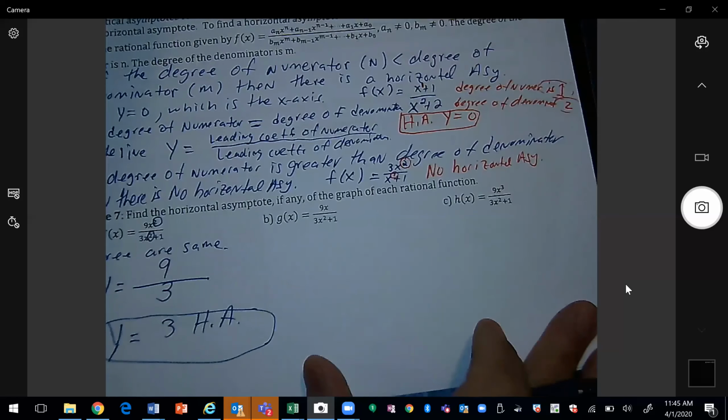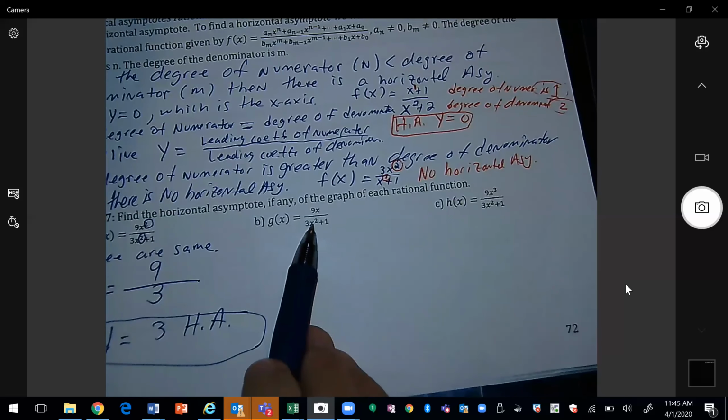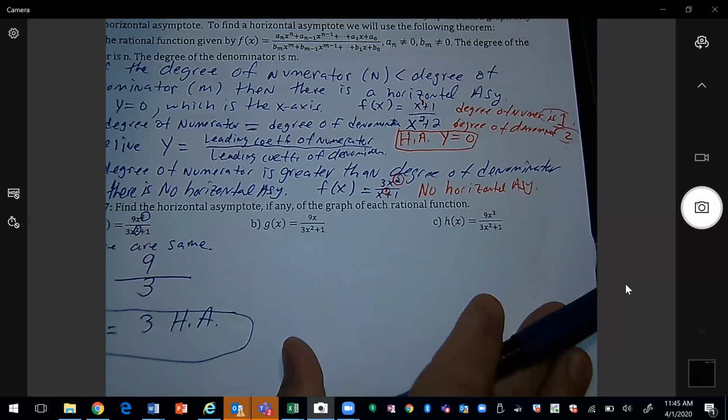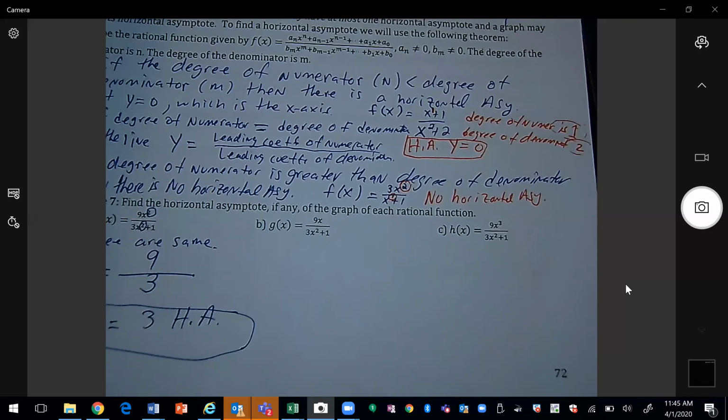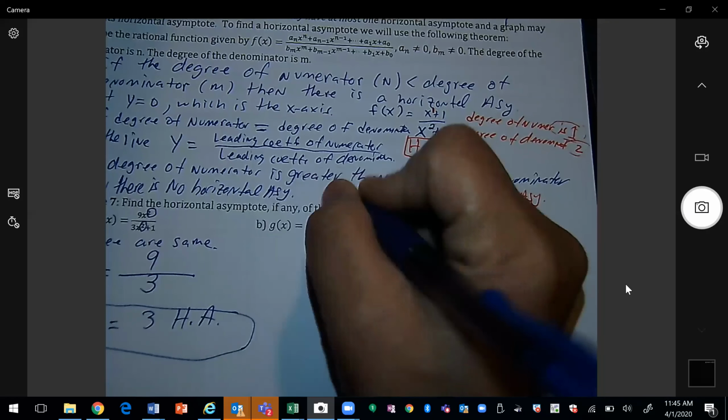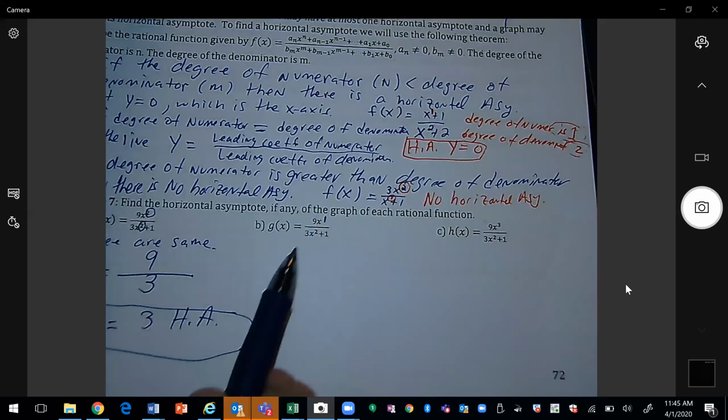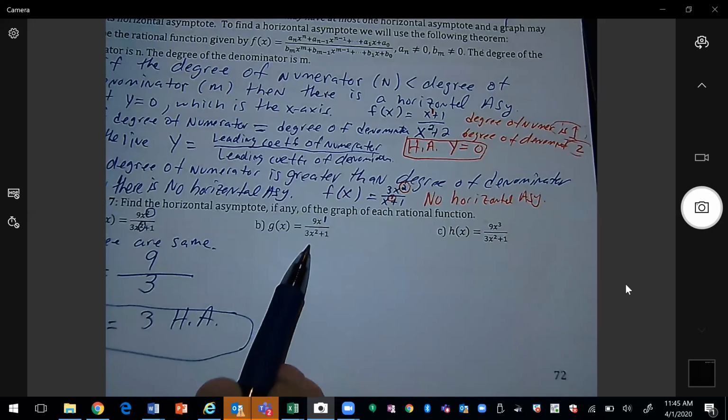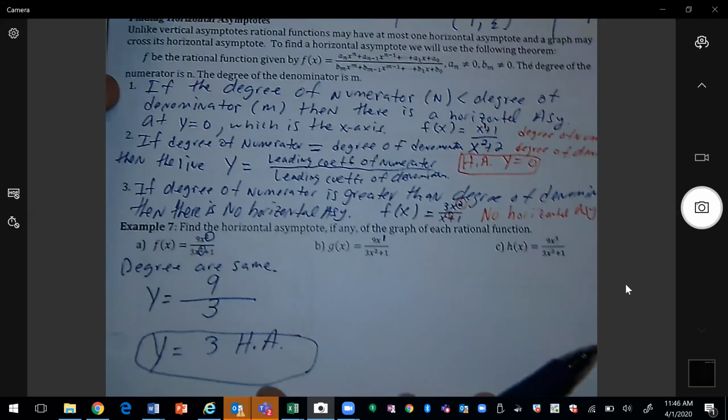Okay, so let's look at this one. What is the degree of the numerator? 2? Oh no, 1. So that's a 1. Let me write a 1 here. And then the denominator degree is what? A 2. Okay, so the numerator is less than the denominator. So let's look at our conditions.